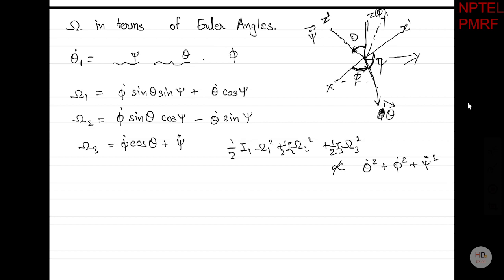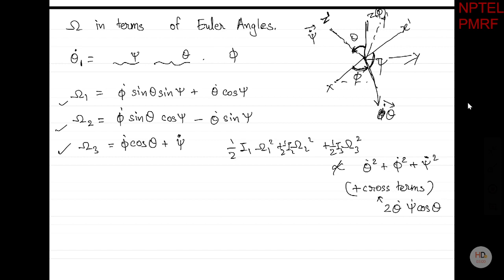There are in fact cross terms. When the top is symmetric, that is when I1 and I2 are equal, you can explicitly calculate omega 1, omega 2, omega 3, and you will see that the cross terms are of the form 2 theta dot psi dot cos theta.